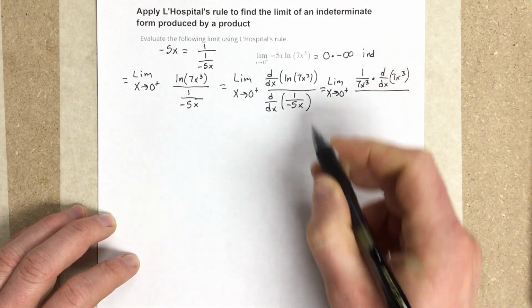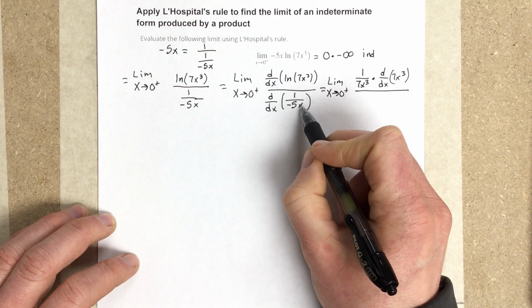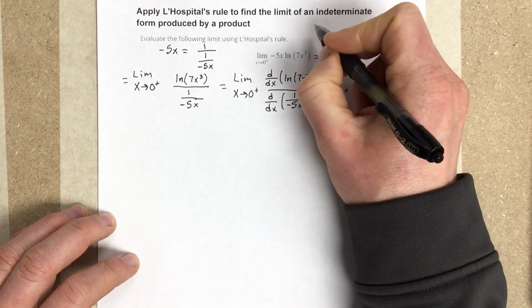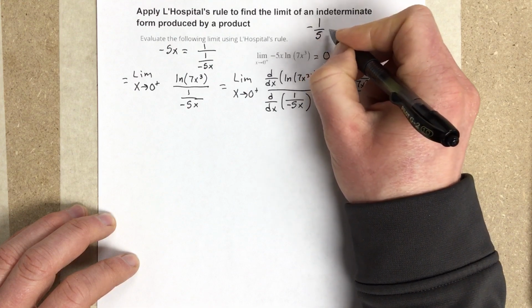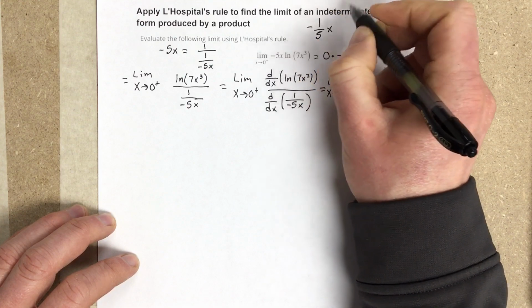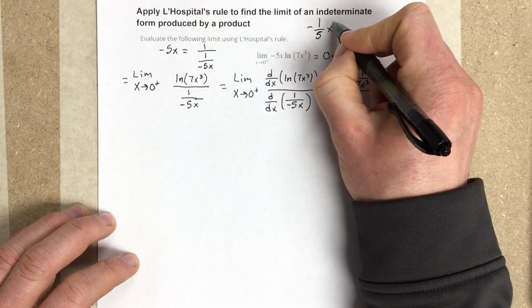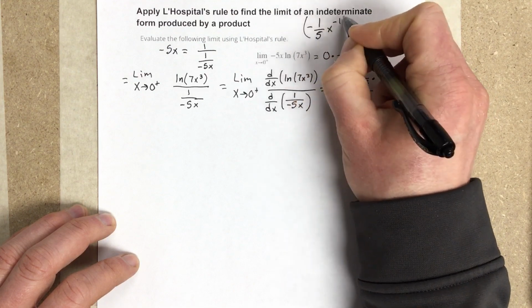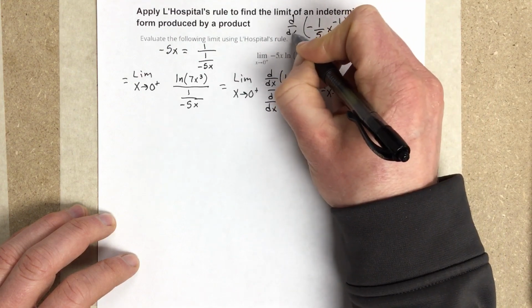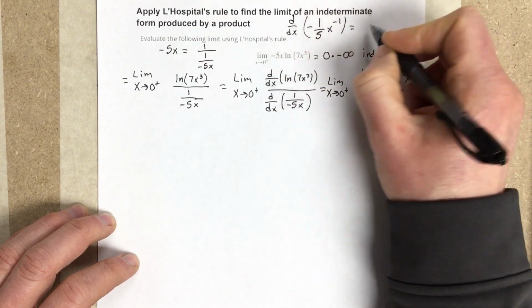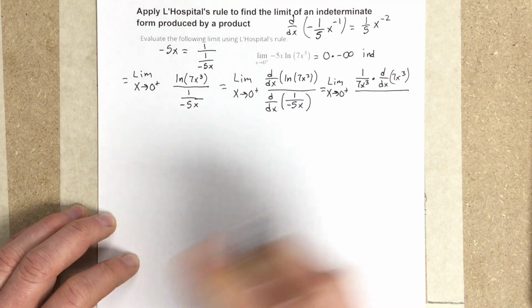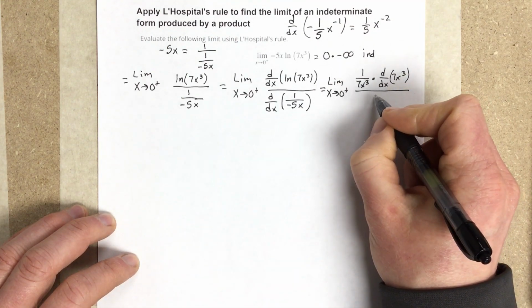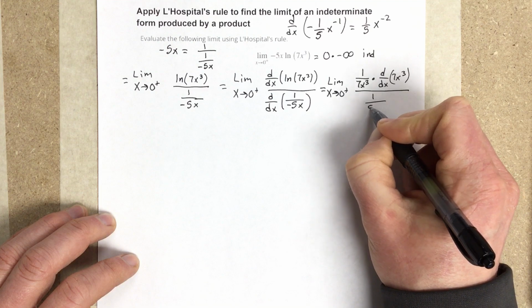Chain rule. For the denominator, I bring the x to the numerator, so I have negative 1/5 x to the negative 1. When I take that derivative, negative 1 comes to the front, and I get 1/5 x to the negative 2. So this is 1 over 5x squared.